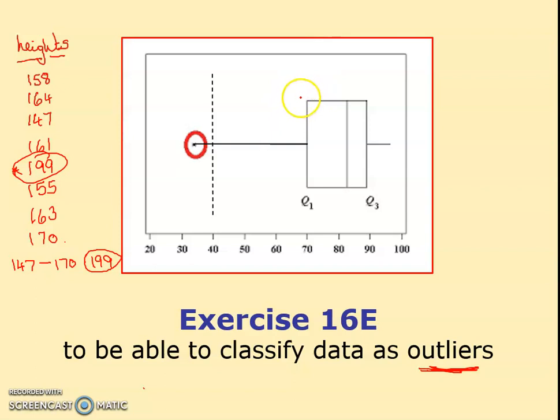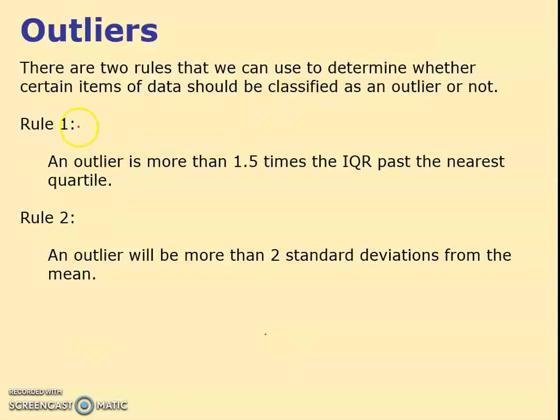So I was going to talk about this because this is what we do. It might be easier if I do this on the next slide. And we have two rules for determining whether or not a number is an outlier. And rule number one says an outlier is more than 1.5 times the interquartile range past the nearest quartile. So let me just give you a brief example of this in numbers. Let's imagine I do some sums. My minimum value equals 20.